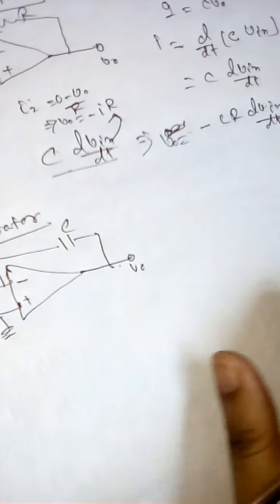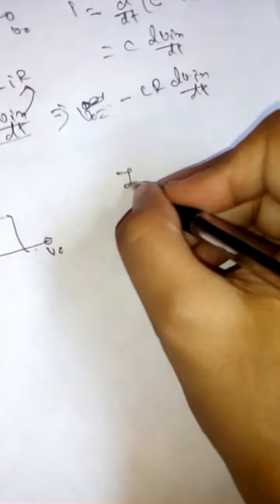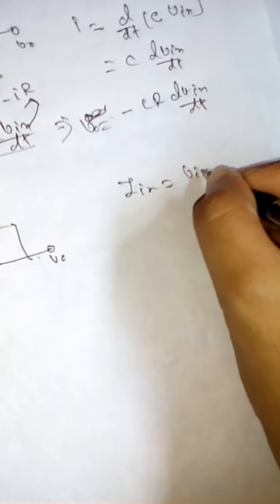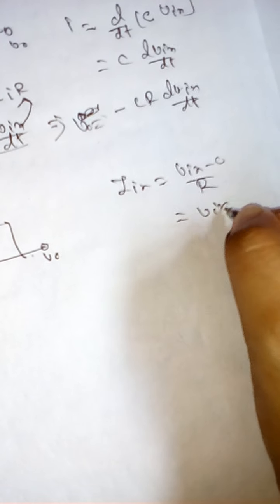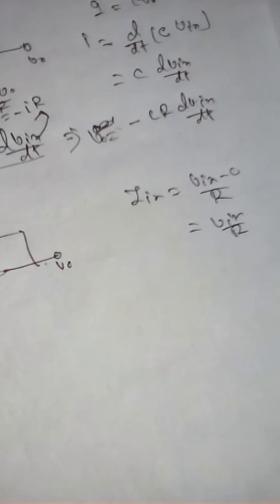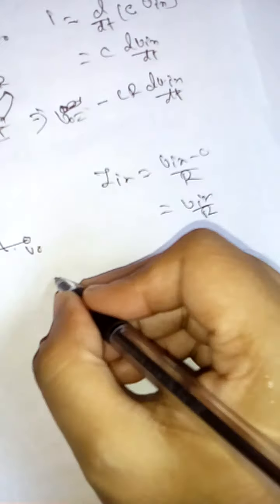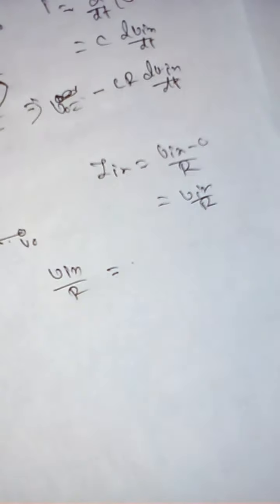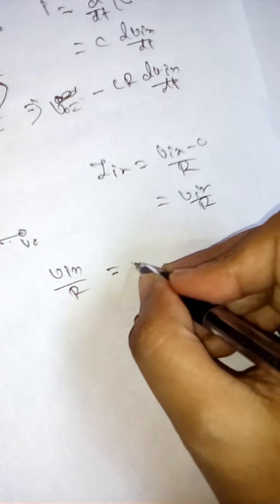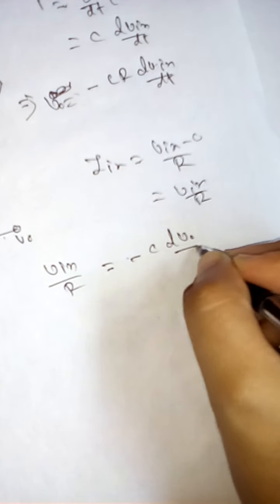So I equals Iin equals (Vin minus 0) by R, that is Vin by R. This is similar to the previous case, where the current at the output is C dV0 by dt.